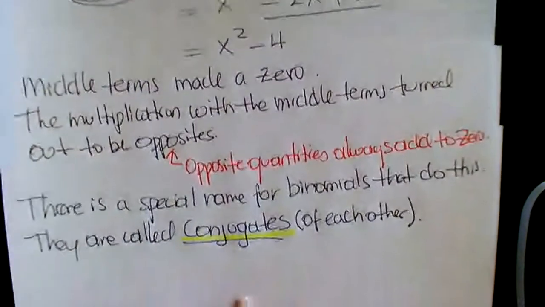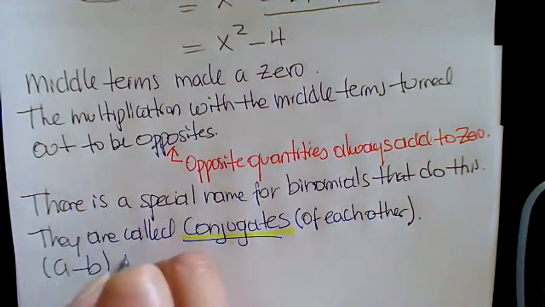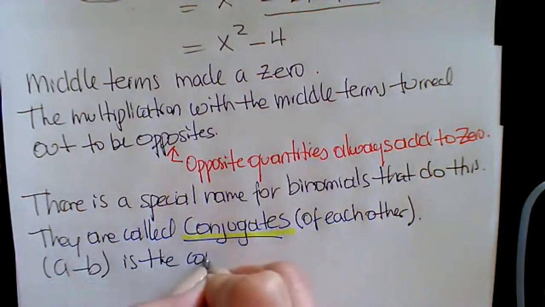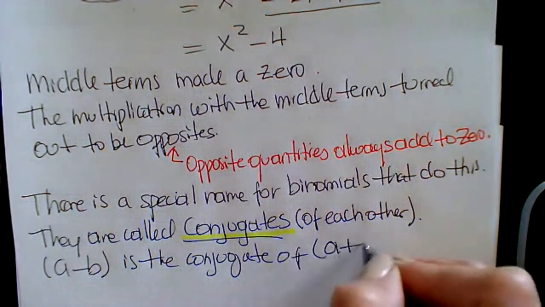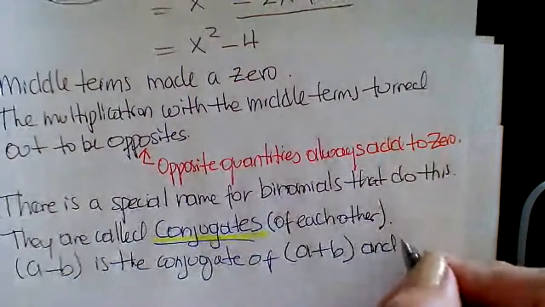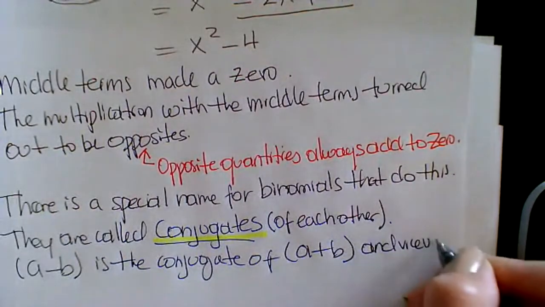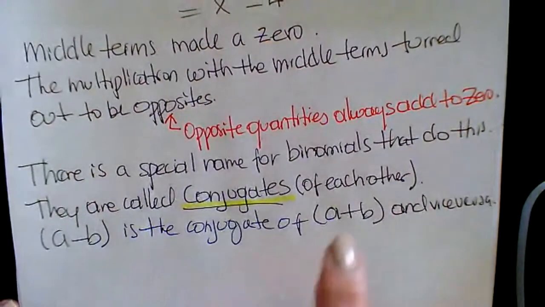Okay? So it means like A minus B is what? It's the conjugate of A plus B. And vice versa. They have what? What do they have?